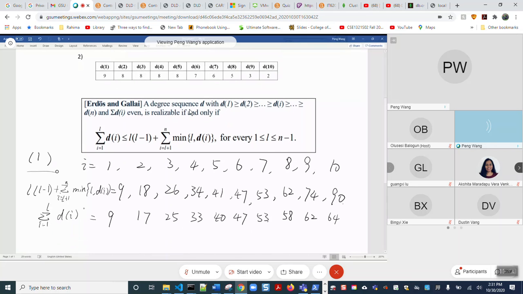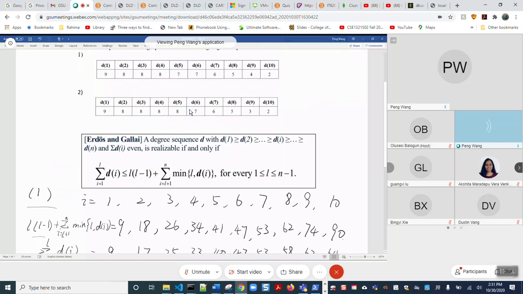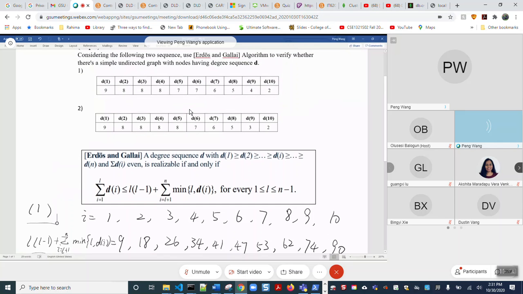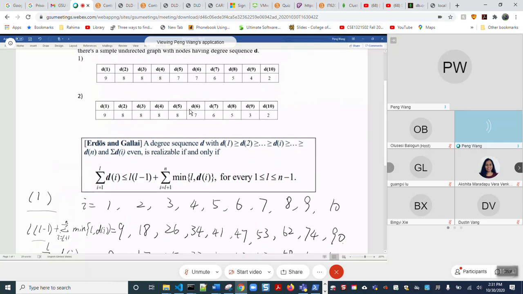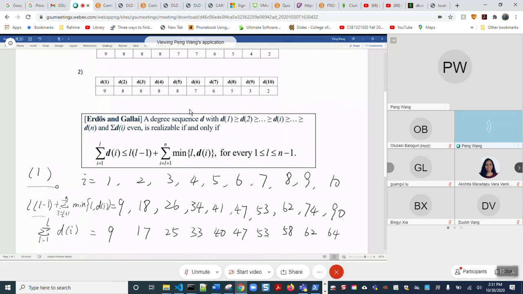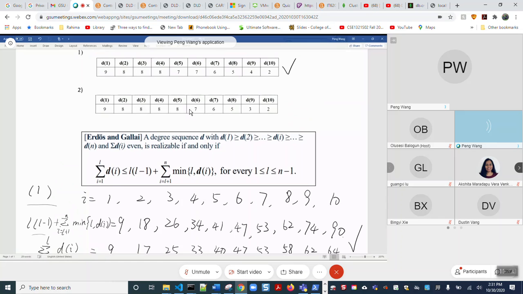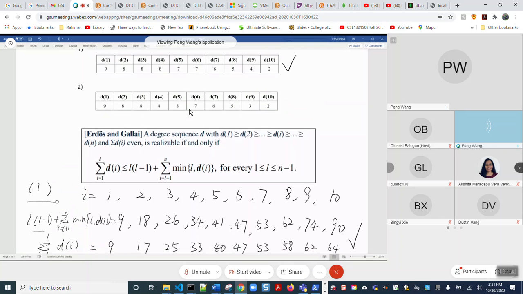Now we need to compare the left part and the right part. We find all the left parts are smaller than the right part, so it satisfies the condition. So it is a degree sequence for a graph. So the first one satisfies.